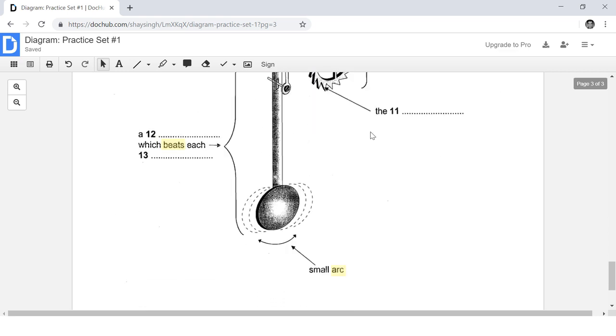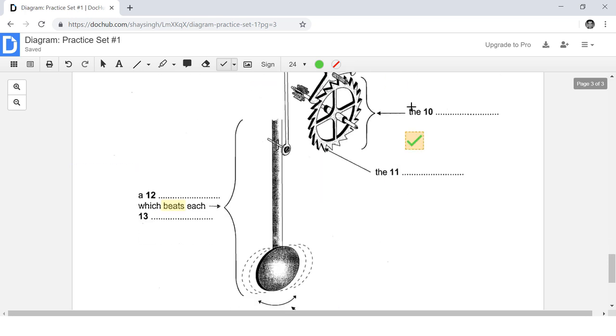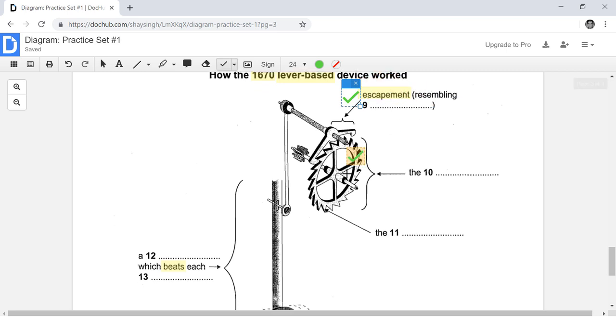So for example, what I would do in this case is start off by first answering question number 9 because I already see the word escapement. So that's going to be easy to find the answer for. Number 10 and 11 are going to be a little bit trickier. I mean, it's still going to be simple. It's all in the same paragraph. But number 9 is going to be easier because it already has the keyword that we're looking for.